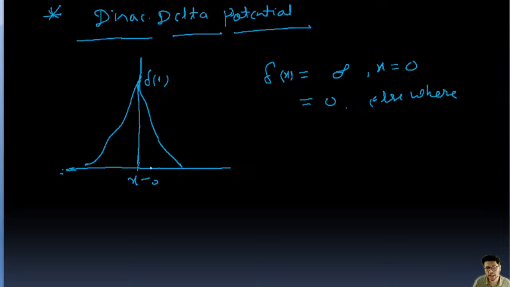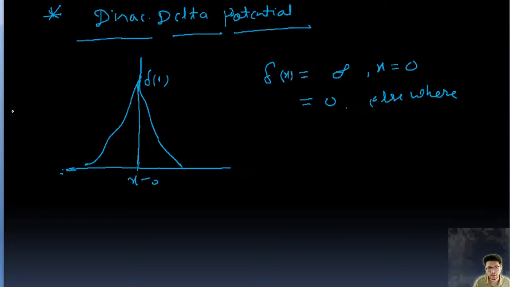This is a very narrow spike, and it is very high, tends to infinity. So delta x equals infinity when x equals 0, and delta x equals 0 elsewhere. This is the Dirac delta function we know, and this is how it is defined. Well, so now I will define the Dirac delta potential.